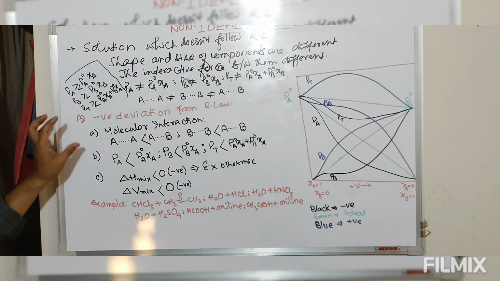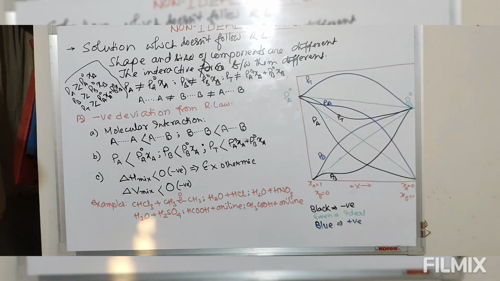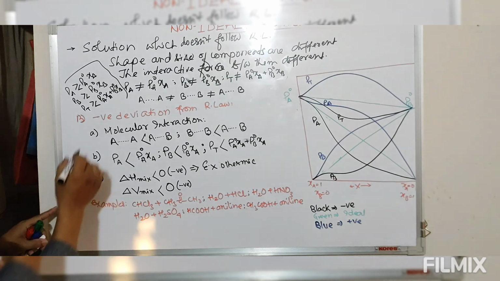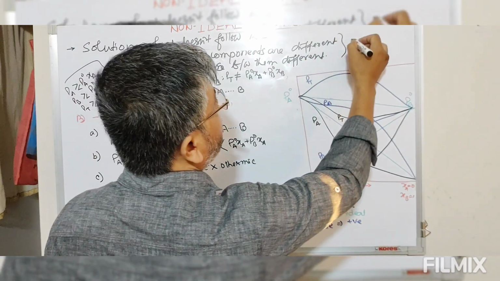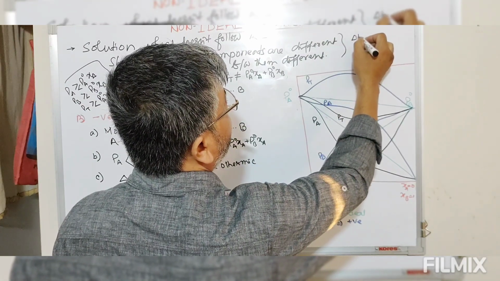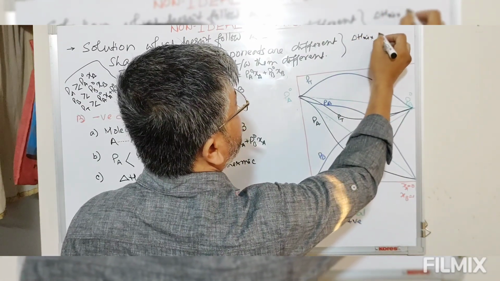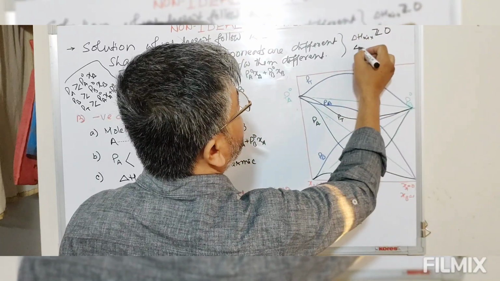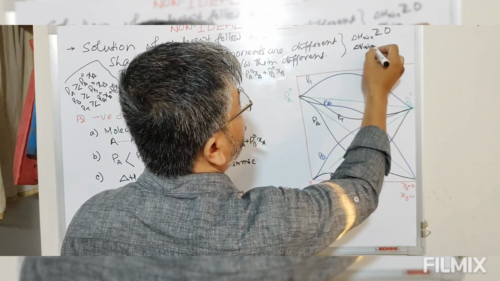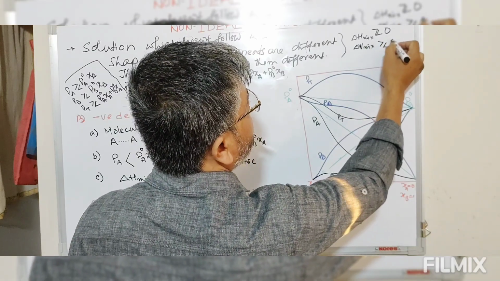So for ideal solution this is, and this says for non-ideal solution, for these types of solution, delta H mixing is less than or greater than 0. Delta V mixing is greater than or less than 0.